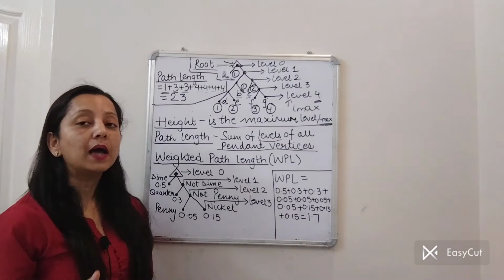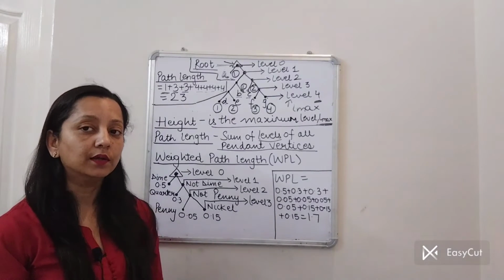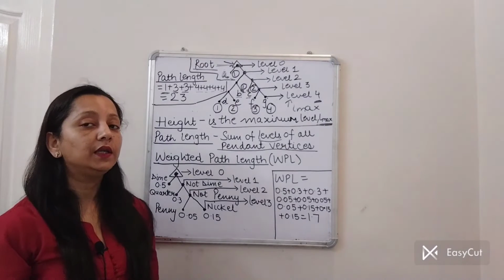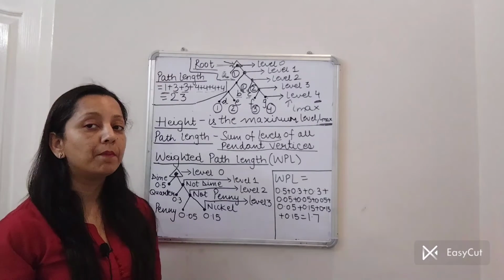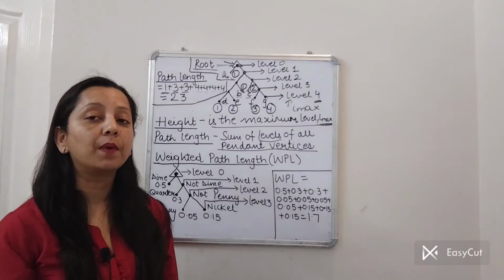That means the path length of this particular binary tree is 23. Okay, so this is how you find the path length of a binary tree. Now next, what is a weighted path length?